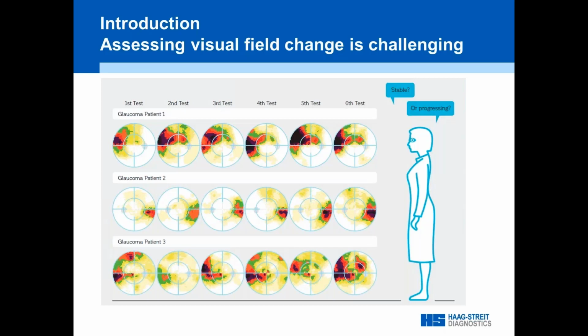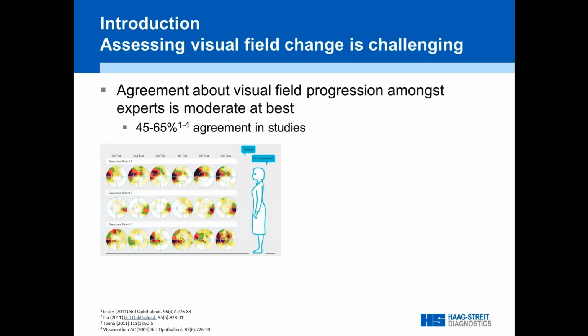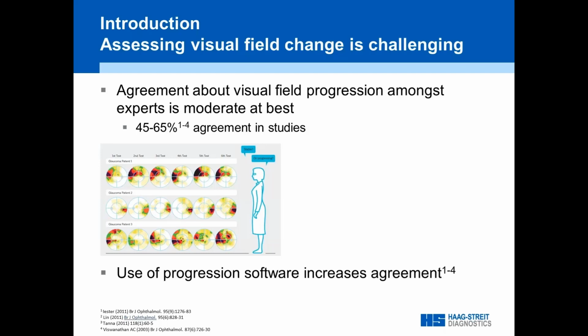It gets very hard looking at serial reviews. And studies on expert agreement on progression are actually very discouraging. They say expert agreement is something between 45 and 65%. But these studies also say that if you use a progression software, you can increase agreement and consistency in interpretation, by 10, 20%. It's still a hard problem, but it helps.